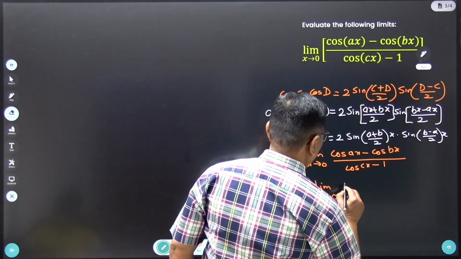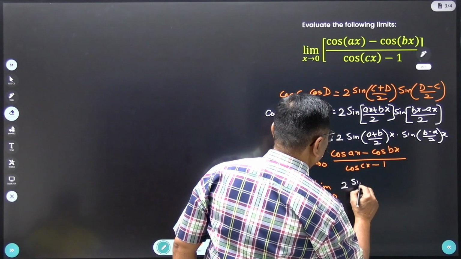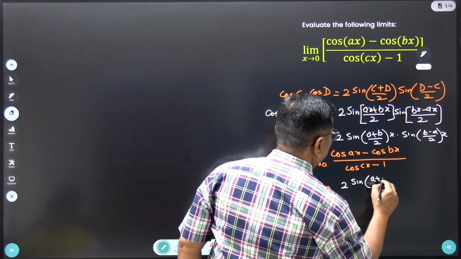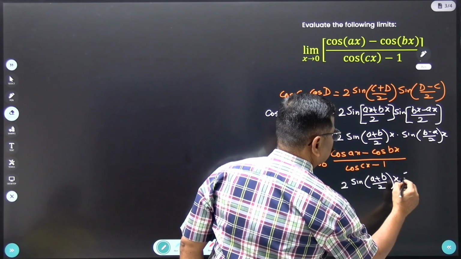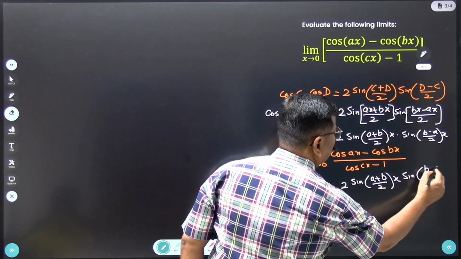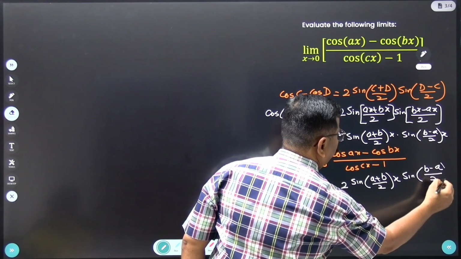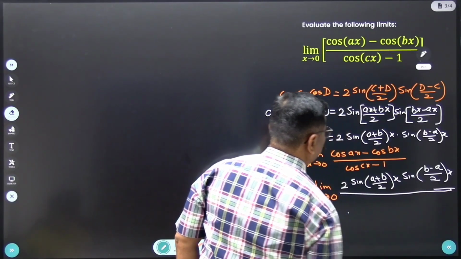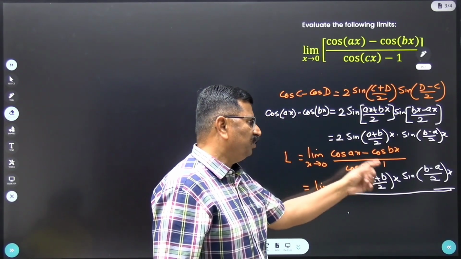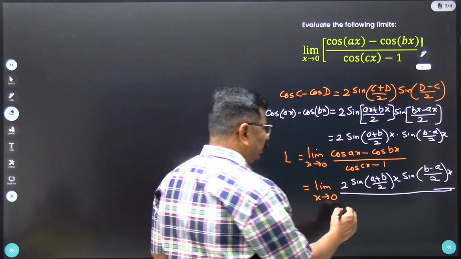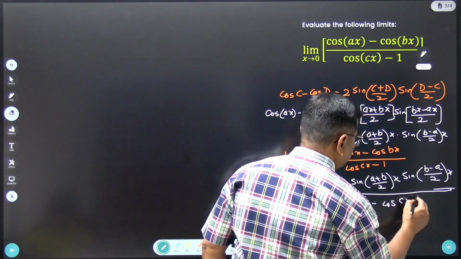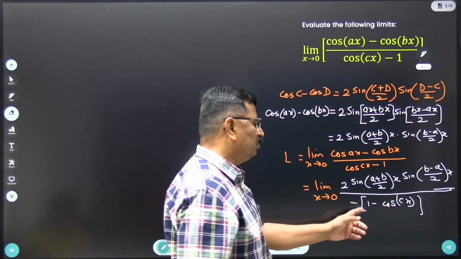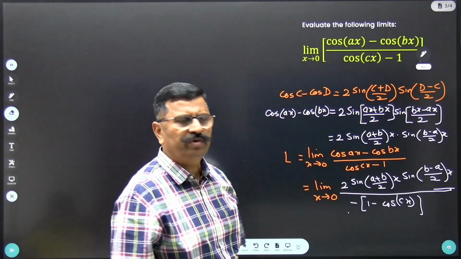So this will be 2 sin((a plus b)/2 into x) into sin((b minus a)/2 into x) divided by, now this is cos cx minus 1. So I will take minus sign common. So this is 1 minus cos cx. So again this is 1 minus cos theta is 2 sin square theta by 2.